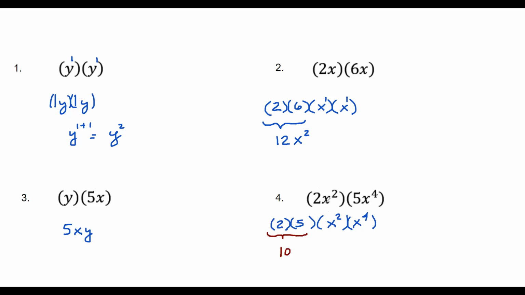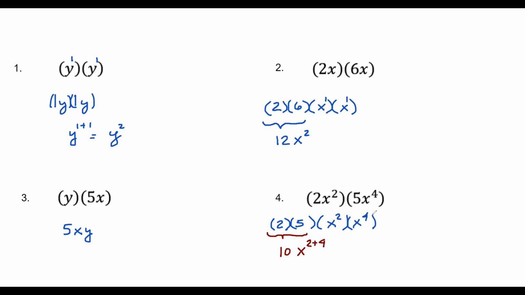Be careful when there's a negative number there. It's just like multiplying any negative numbers, but you want to make sure that you get that right. And then when we multiply x times x, we are going to add those two exponents. So we could say that that's going to be x to the 2 plus 4.